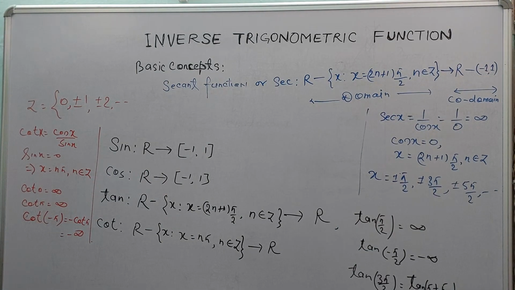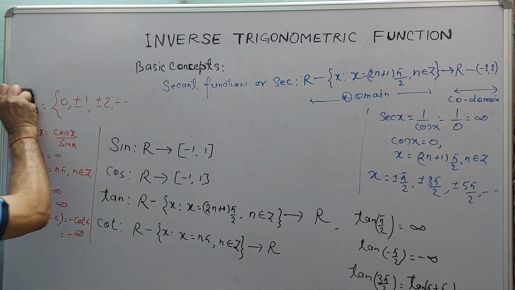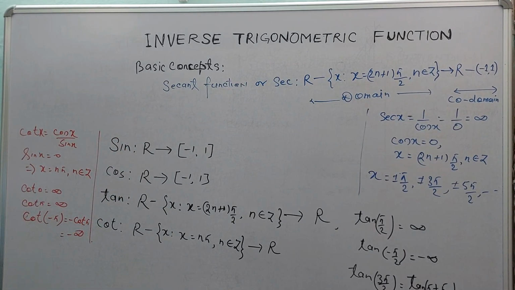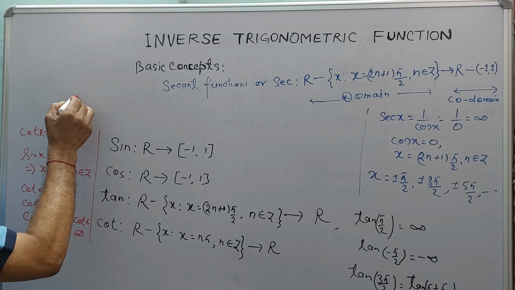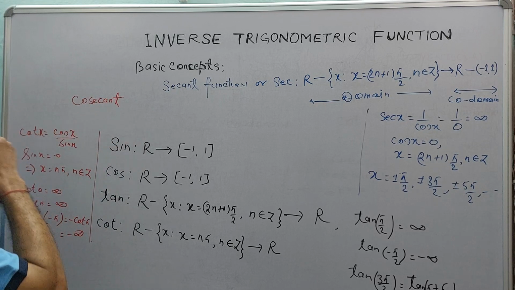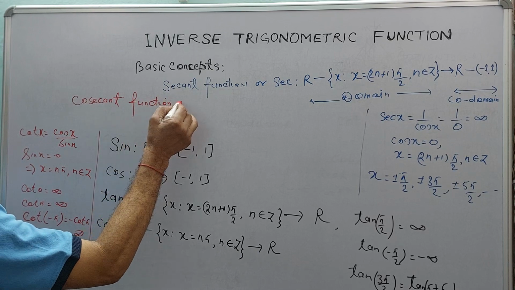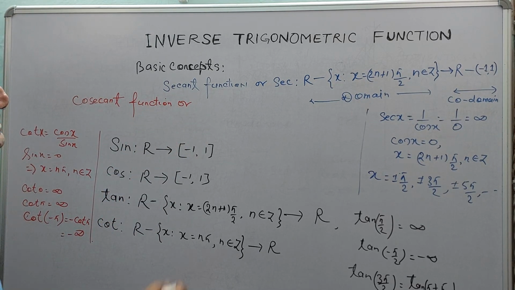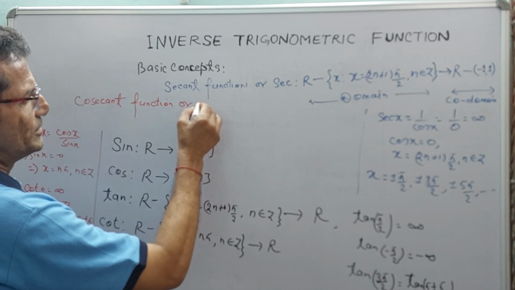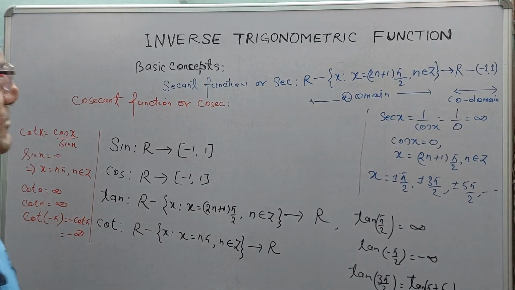The last one we have to define is the cosecant function, the sixth trigonometrical function, which we write in the abbreviated form cosec x. The same thing would happen here.